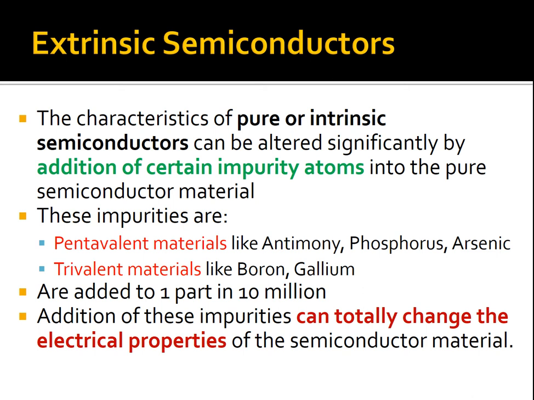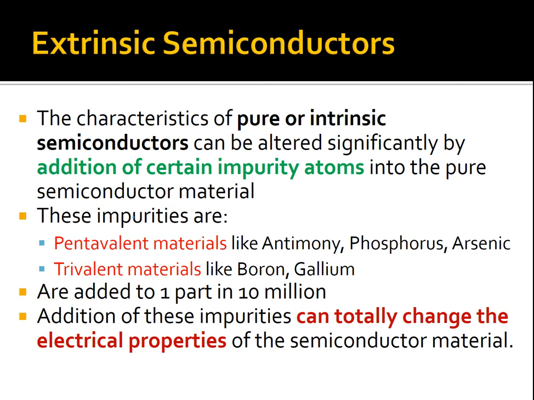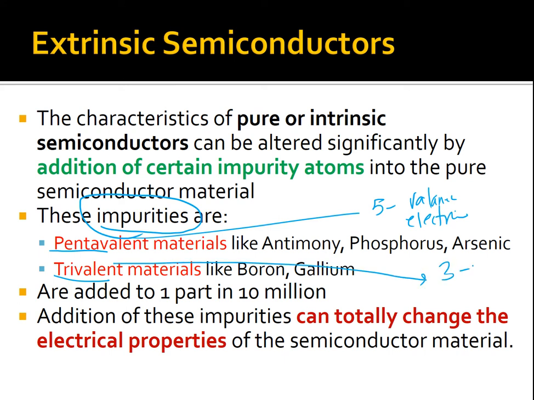Now the question is, what kind of atoms can we add? We also call them impurities. It could be pentavalent material or trivalent. Pentavalent material means it has 5 valence electrons; trivalent materials have 3 valence electrons.